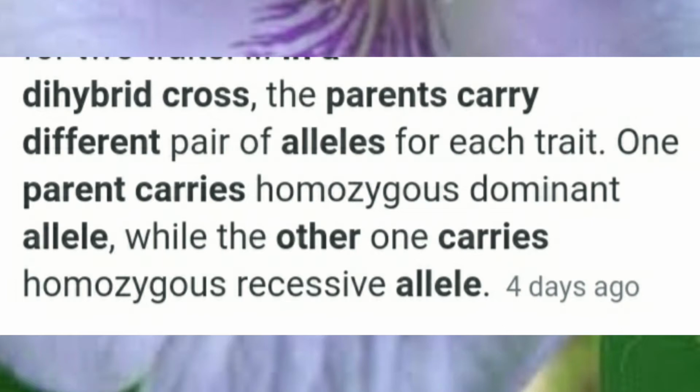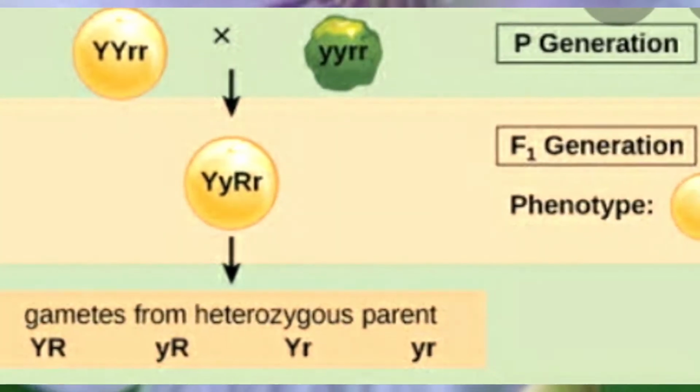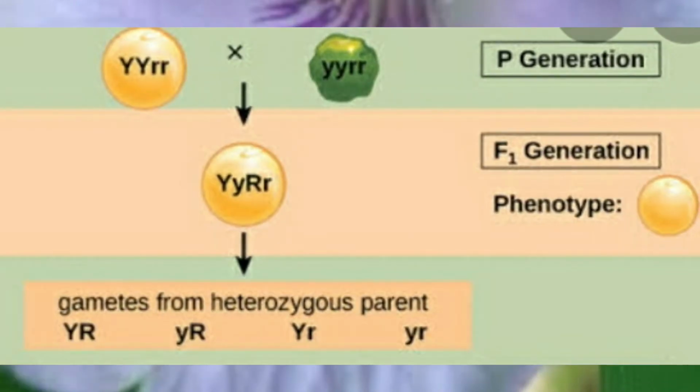One parent carries homozygous dominant alleles, while the other carries homozygous recessive alleles. The offspring produced in the F1 generation are all heterozygous for the specific traits.